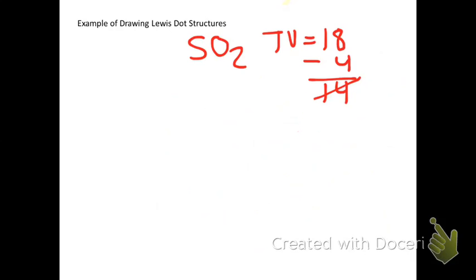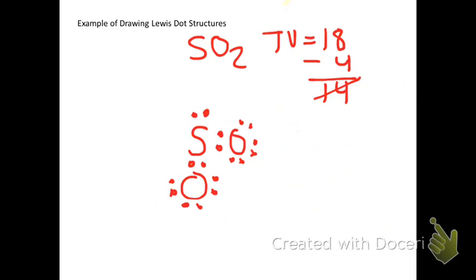Now, so this is what we have so far: sulfur, oxygen, those lone pairs around the oxygen, and then one lone pair on the sulfur. So we're going to steal a lone pair there, and we're going to create a double bond there.